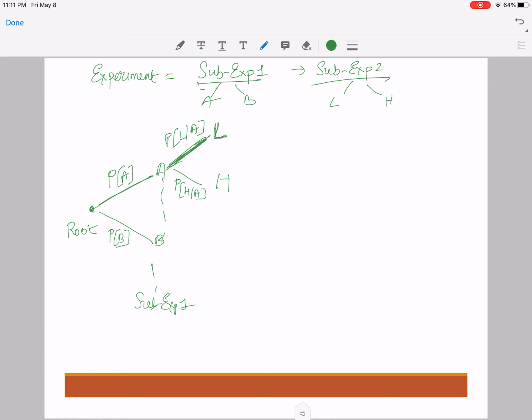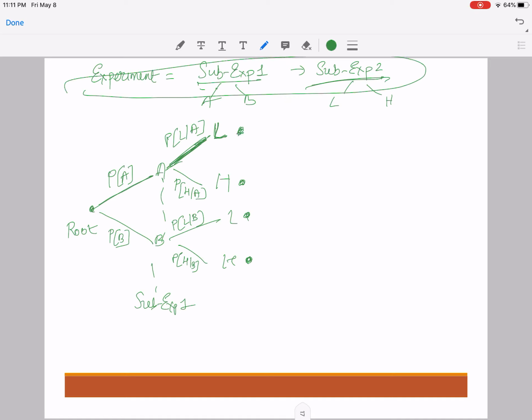Similarly, let's say that I got B the very first time. Next, when I perform sub-experiment 2, I will get either L or H. This will be labeled with probability of L given B, and this is probability of H given B. The leaves of this tree are these guys right here, and these represent the total outcome of the entire experiment.